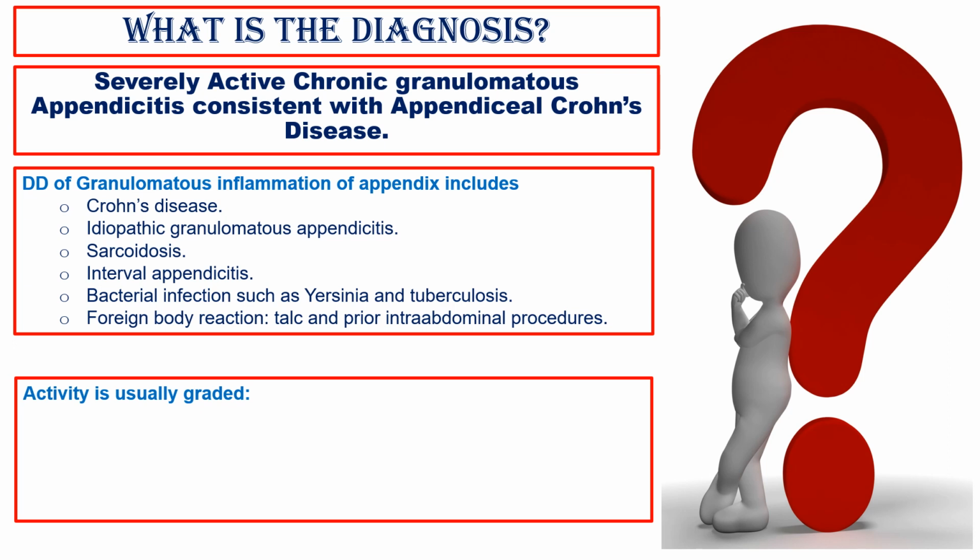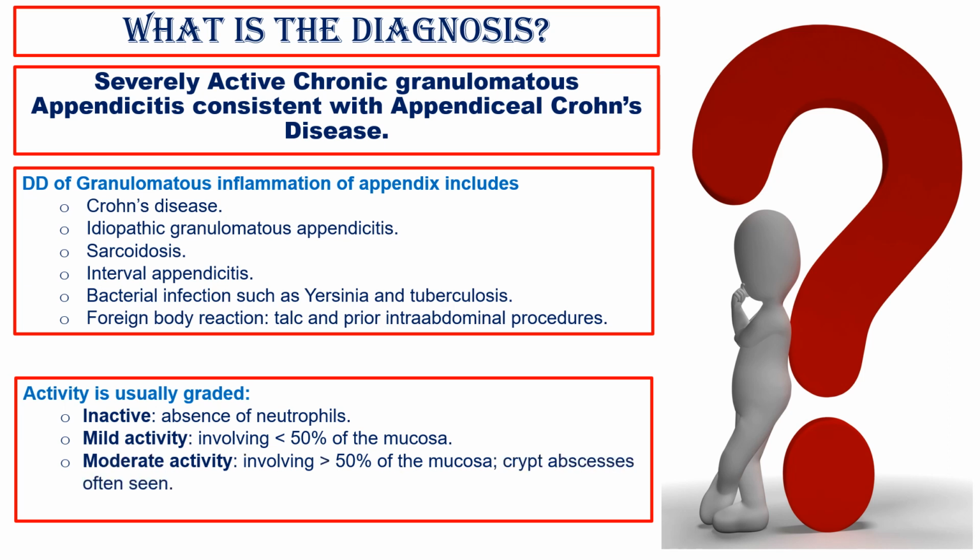Activity is usually graded: inactive, absence of neutrophils; mild activity involving less than 50% of the mucosa; moderate activity involving more than 50% of the mucosa; crypt abscesses often seen; severe activity, presence of surface ulceration or erosion.